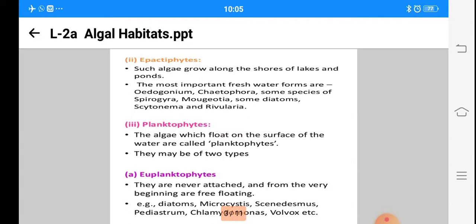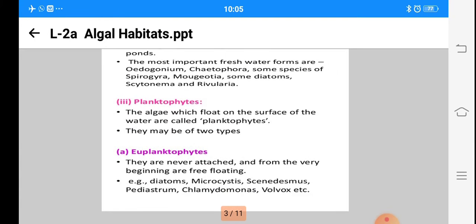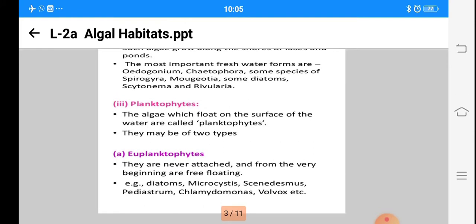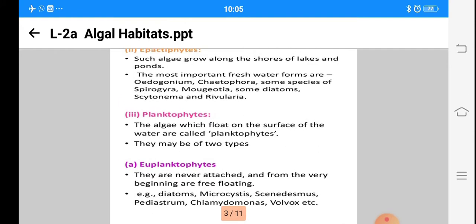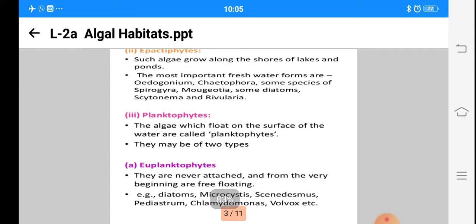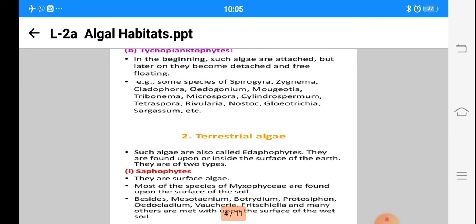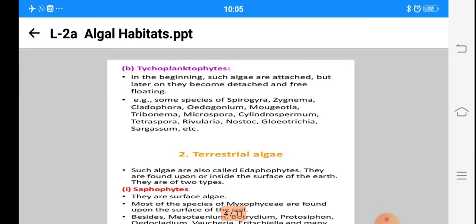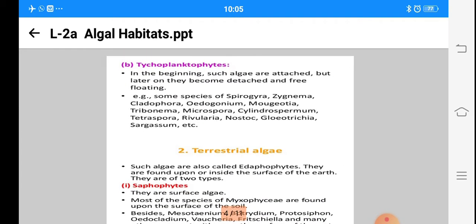Then plankton, that is, they float on the surface of the water commonly, and these are of two types. You may consider planktophytes, that is, they are never attached from the very beginning. For example, diatoms, Microcystis, Scenedesmus, Pediastrum, then Chlamydomonas, Volvox colonies. These are good examples of planktophytes. Next, the second type is called Tychoplanktophytes.